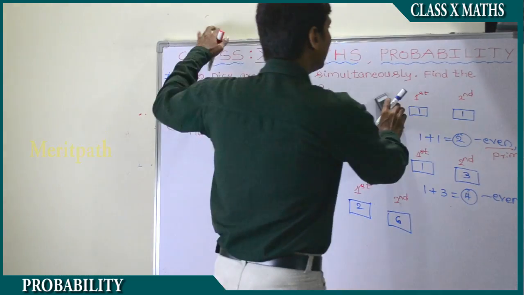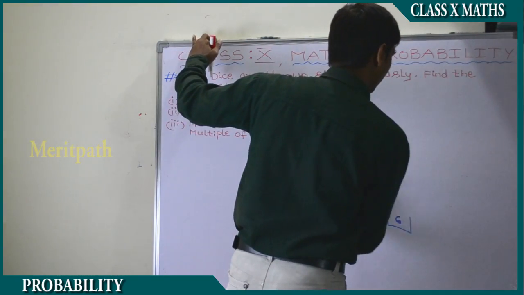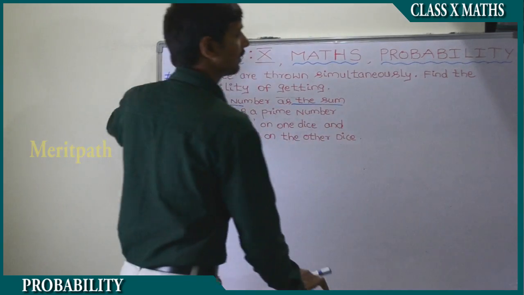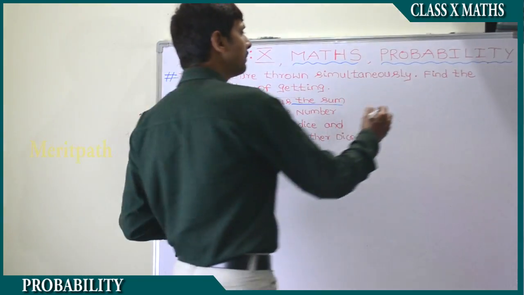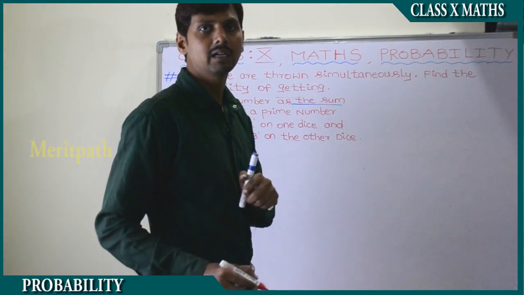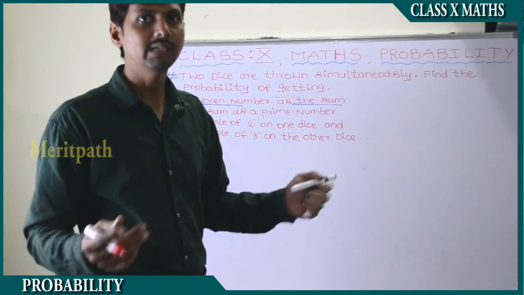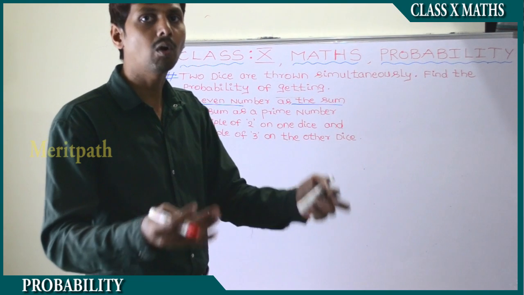We know, earlier we have discussed probability. Probability is denoted by P, and an event is one of the outcomes of the experiment that can occur.